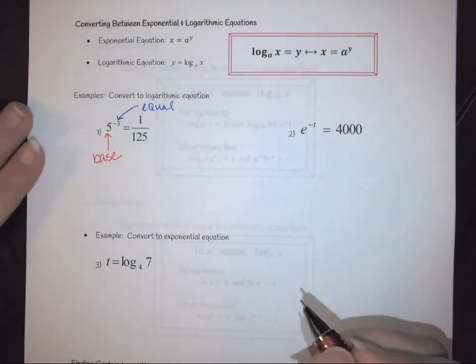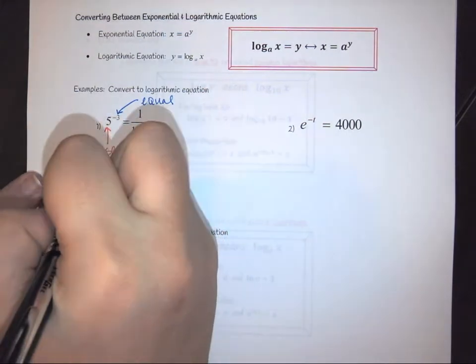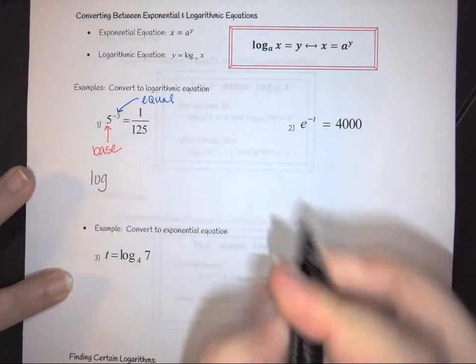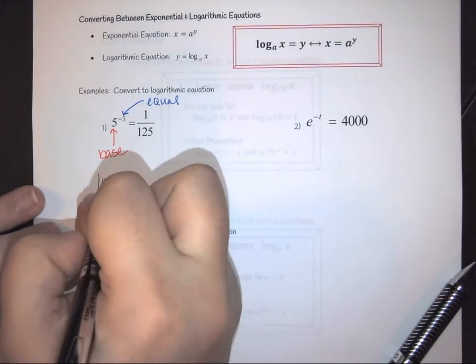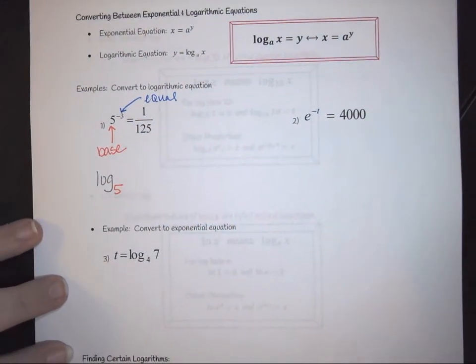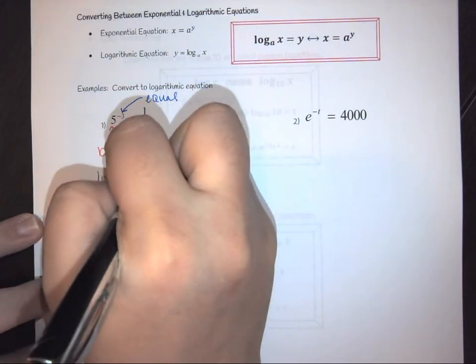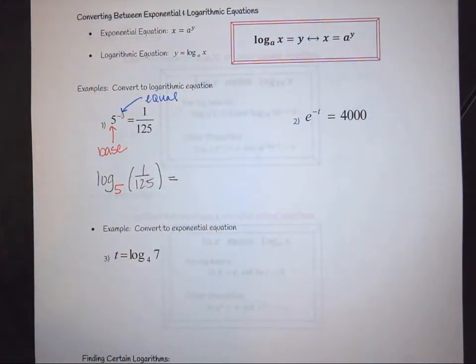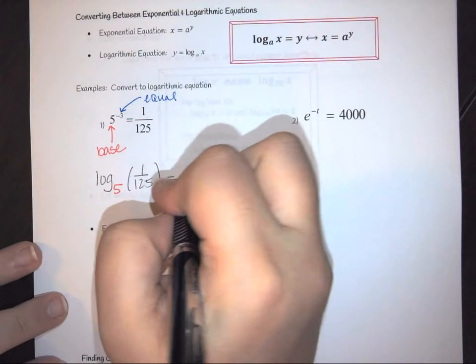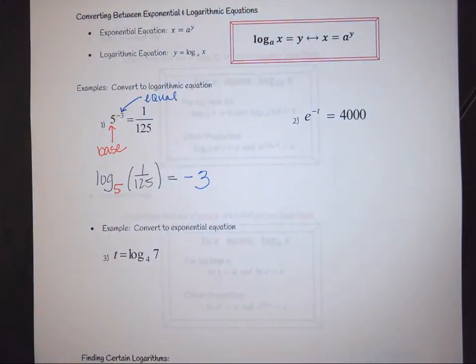And so we need to rewrite it. This becomes the log base 5 of your stuff, 1 over 125, is equal to your exponent, -3.